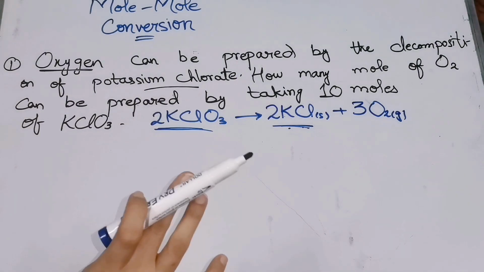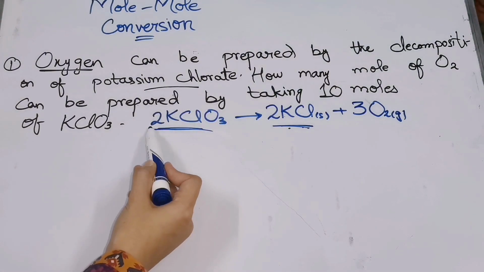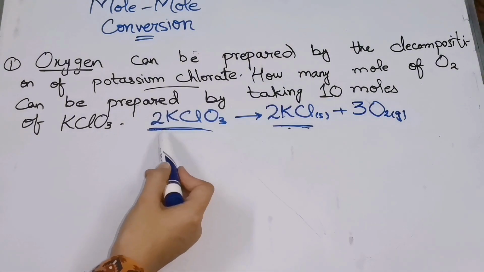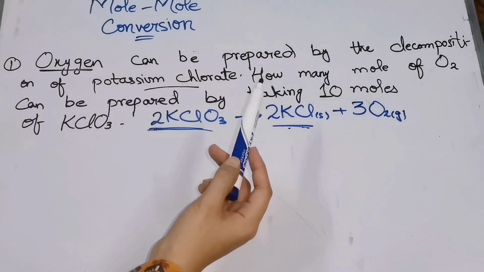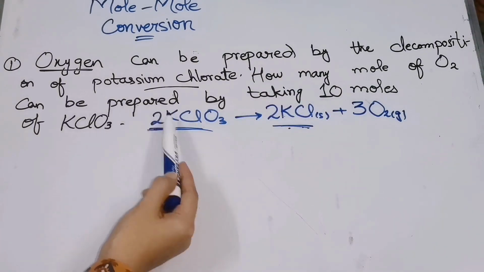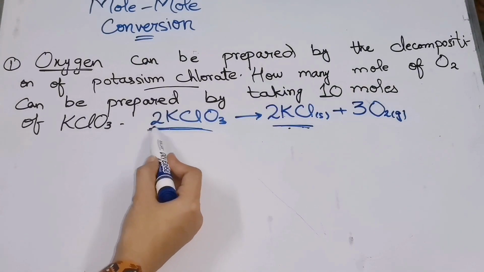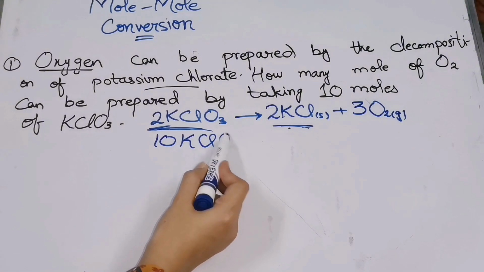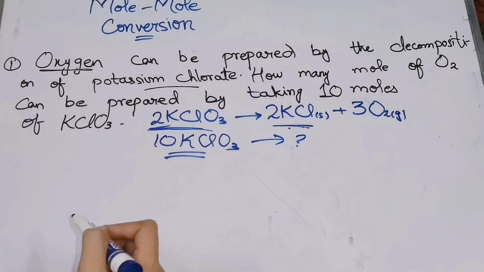First of all, we will see what they are saying in the question. See over here, we used 2 moles of KClO3 for preparing 3 moles of oxygen. And in the question, they ask how many moles of oxygen can be prepared by taking 10 moles of KClO3. That means in place of 2 we will take 10 moles of KClO3. But then how many moles of oxygen will be formed?